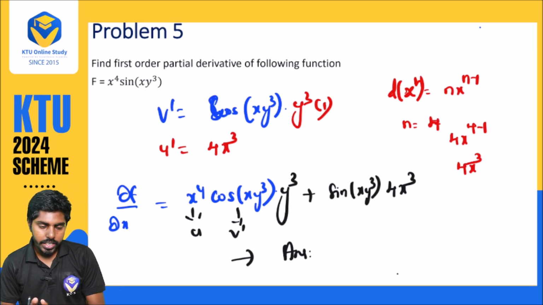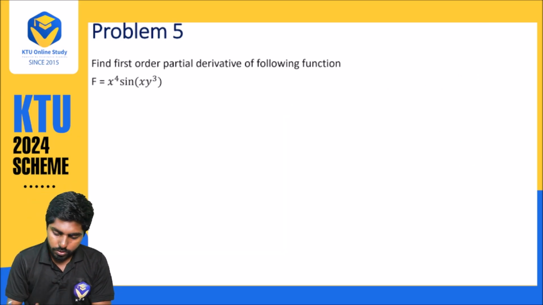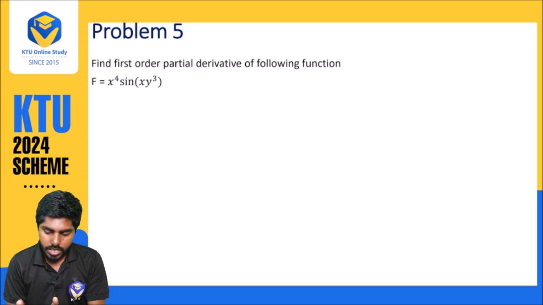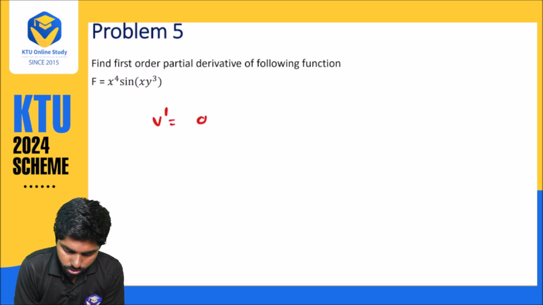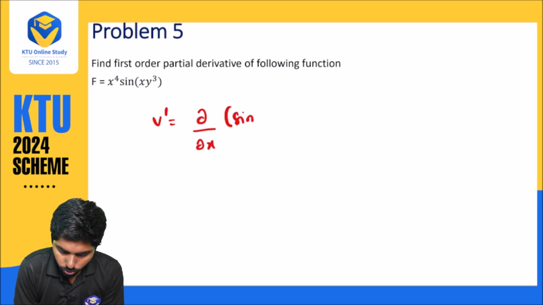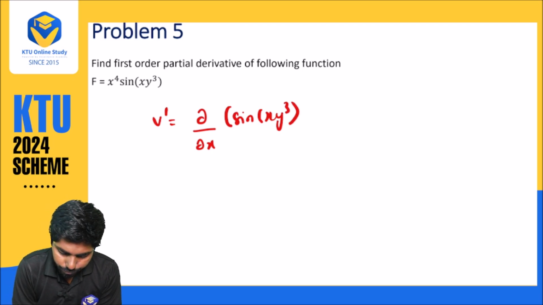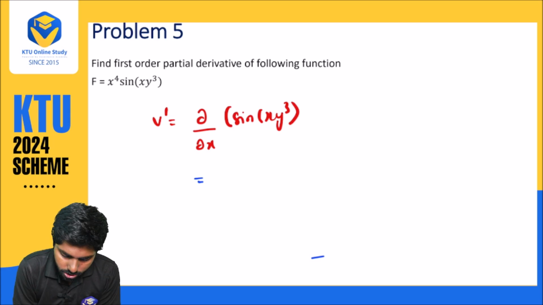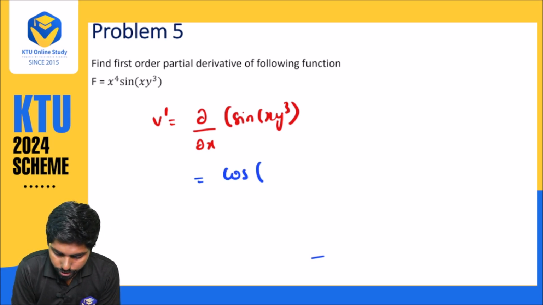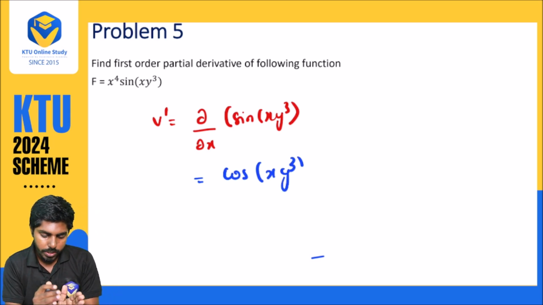In V dash, you should be very careful. Once again I am repeating the V dash concept. V dash is dou by dou x of sine of x y cube. Outside the bracket we get cos of x y cube.